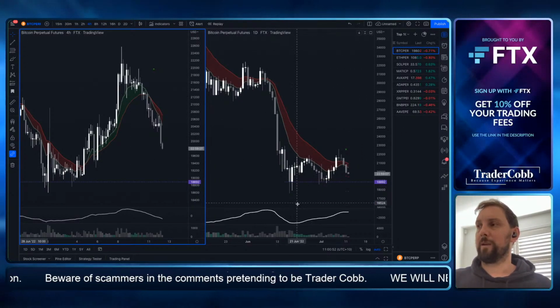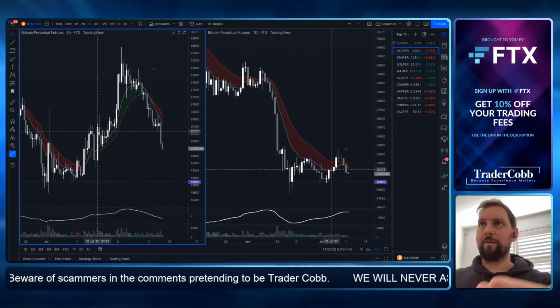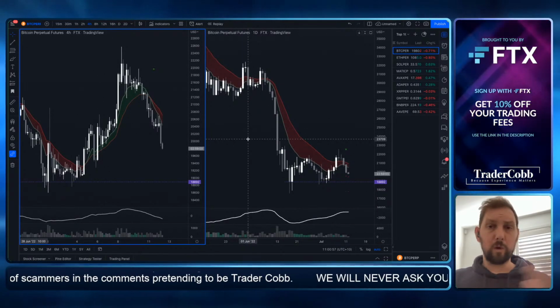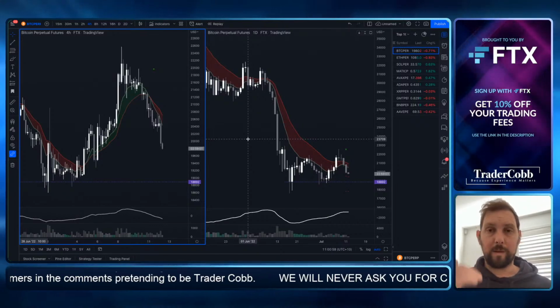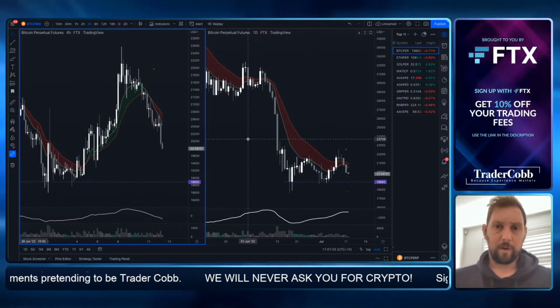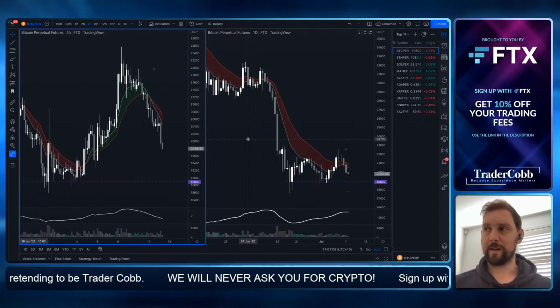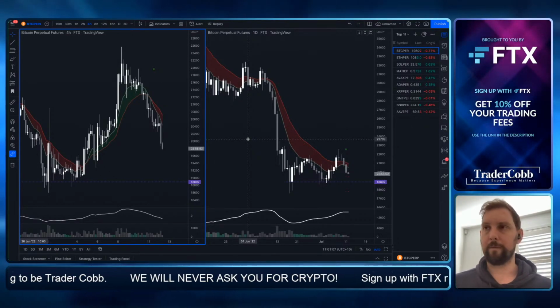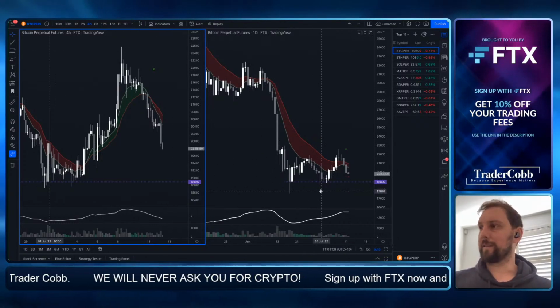Obviously, we've got Bitcoin here on the daily. Now, let's have a look at Bitcoin on the daily and the 4 quickly before we dive into those lower time frames. How I identify if I'm going to have a low time frame day, or if I'm going to work the lower time frames today, is simply by looking at the daily and the 4.